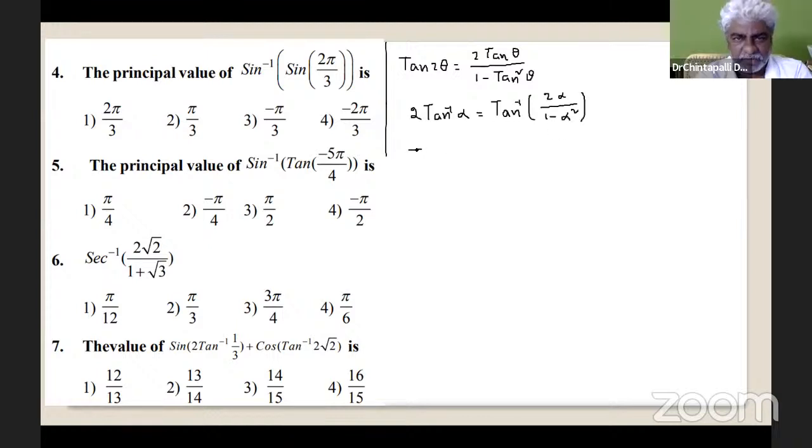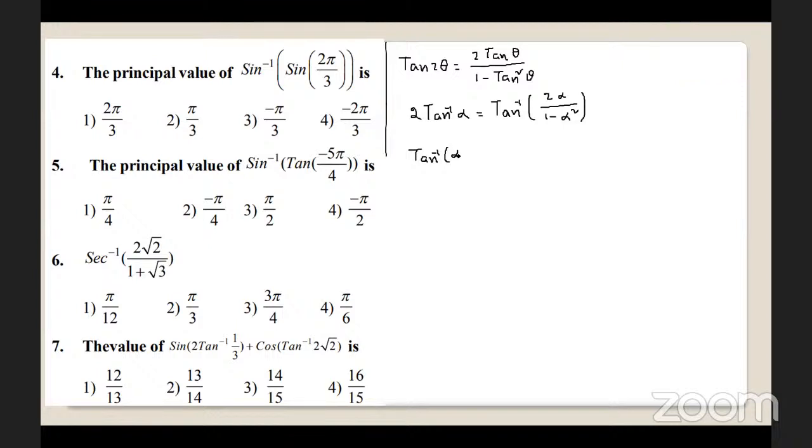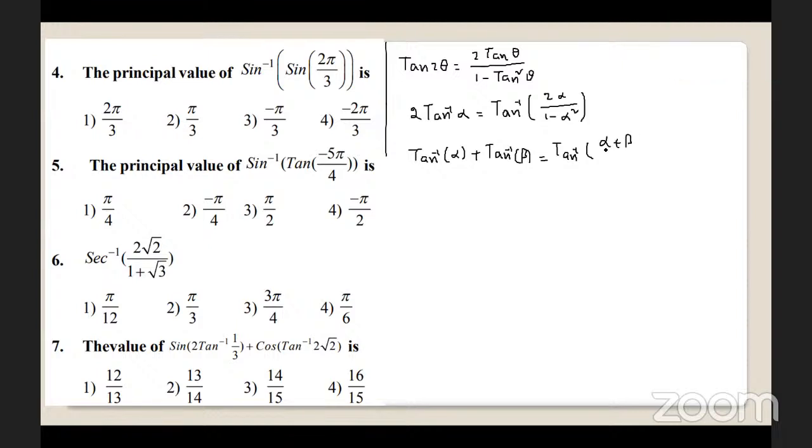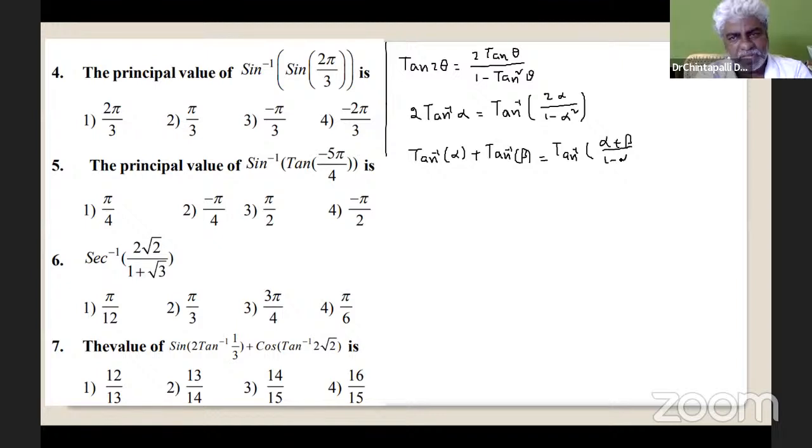I'm telling another formula. Tan inverse of alpha plus tan inverse of beta is equal to tan inverse of alpha plus beta by 1 minus alpha beta. There are 3 conditions for it.